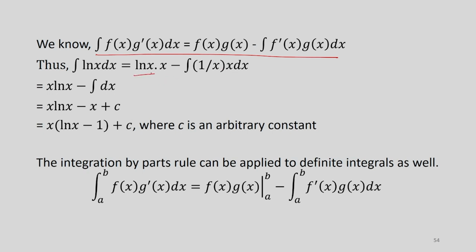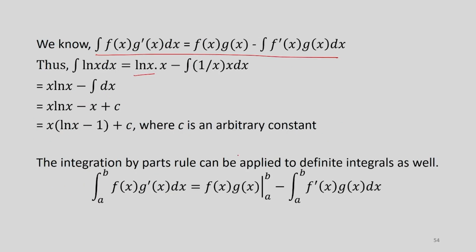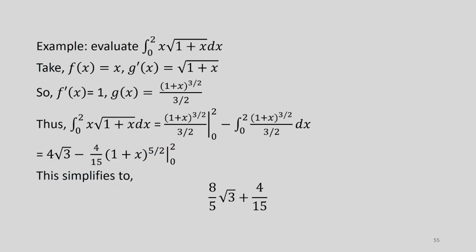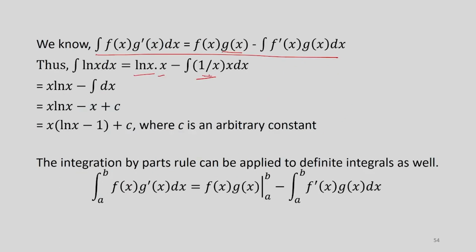F x I know, log natural x, g x I have just found out, g x is equal to x, right, x, and I put that here, so I get x, and minus integration of f prime x, that I have just found out, f prime x is 1 divided by x, so that is coming here, and g x, as we have found out, it is just small x. So, I have everything under control here.